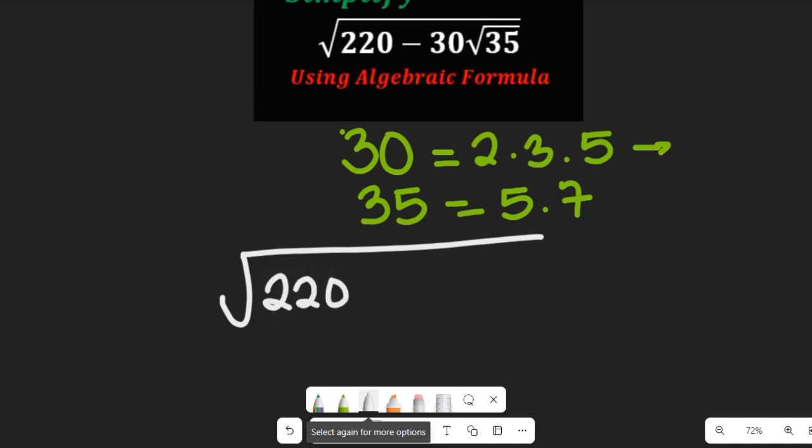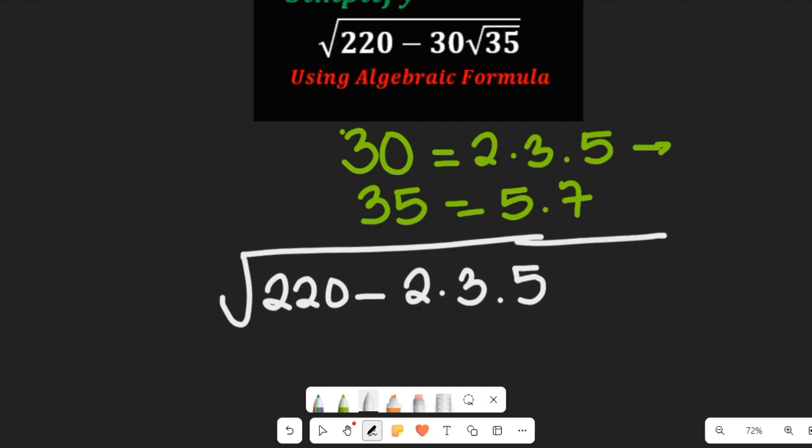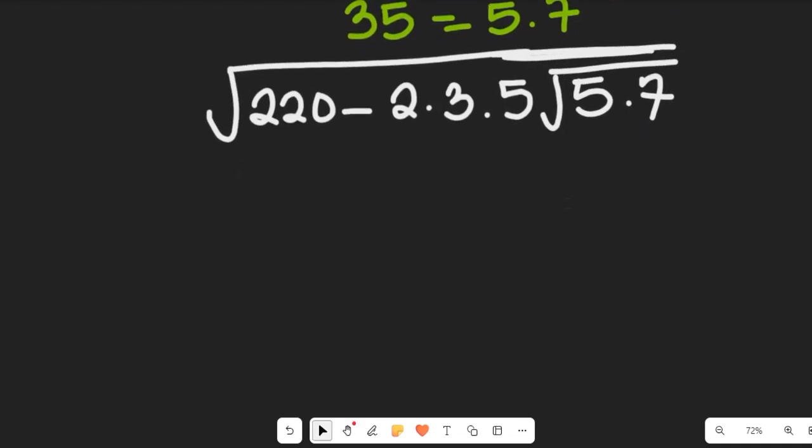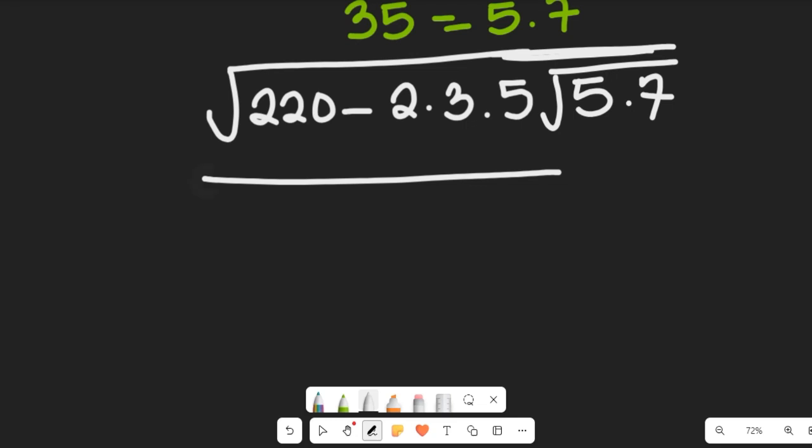If we insert that, we're going to have the full square root of 220 minus 2 multiplied by 3 multiplied by 5, right? And all will be multiplied by the square root of 5 multiplied by 7, which is 35. Great. Now, having gotten that, I can break up that square root to give me the total square root of 220, right?